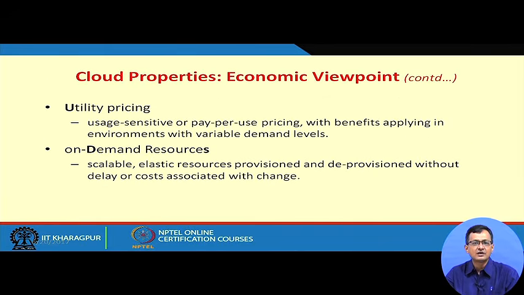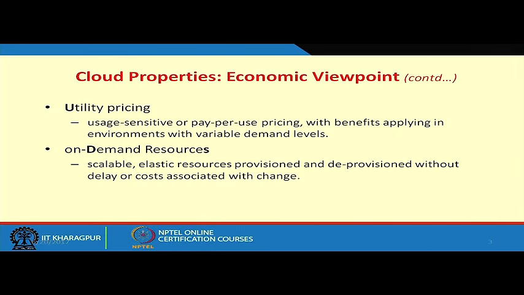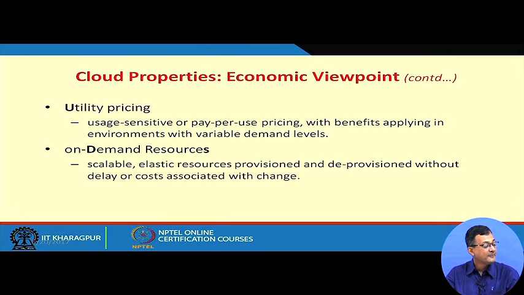There are two other direct economic factors. One is utility pricing, the pay-as-you-go model, where I pay per unit, like electricity. Another is on-demand resources. When I demand resources, they are provisioned.